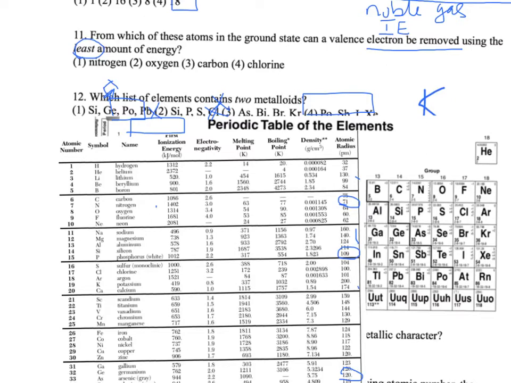And then we're looking at oxygen, element number 8, carbon, element number 6, and chlorine, element number 17. We're looking for the smallest number. And so here you can notice that carbon has the smallest ionization energy of all of these choices.